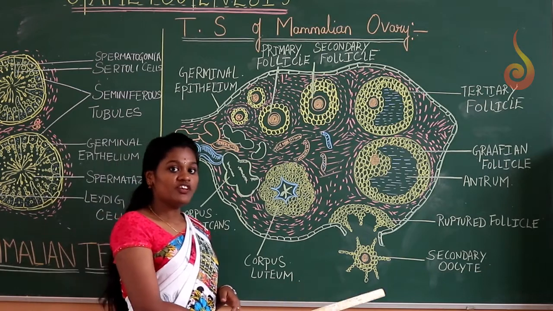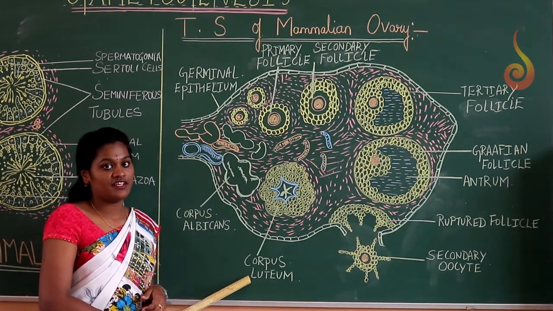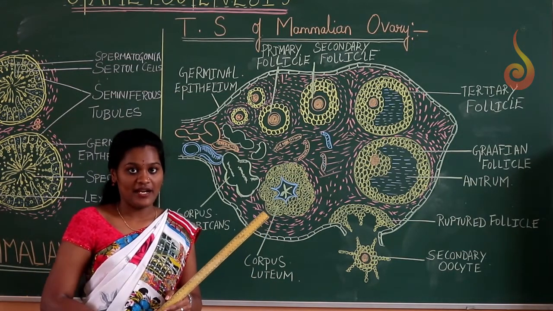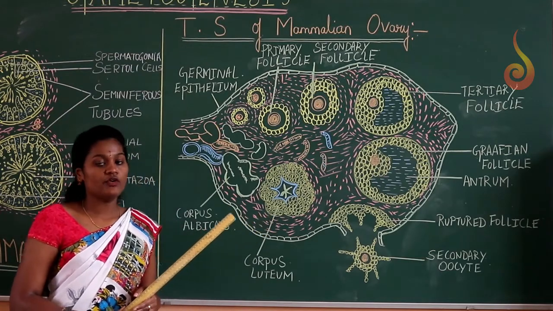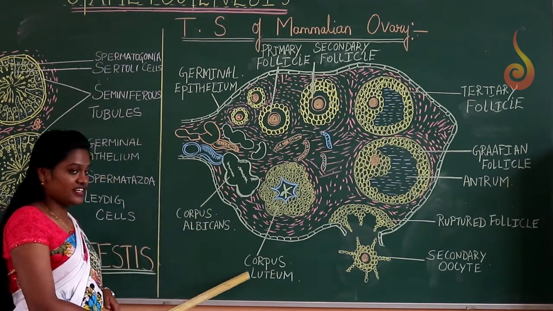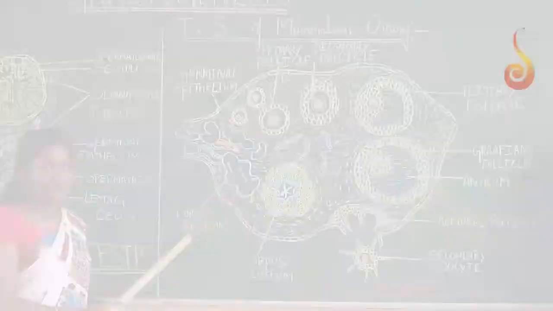When the ovum is fertilized, corpus luteum continues to secrete progesterone, which is very important for the implantation. If the ovum is not fertilized, corpus luteum degenerates to form corpus albicans.